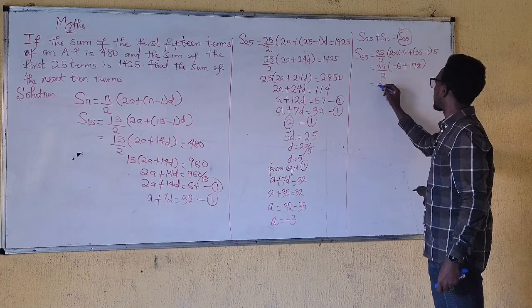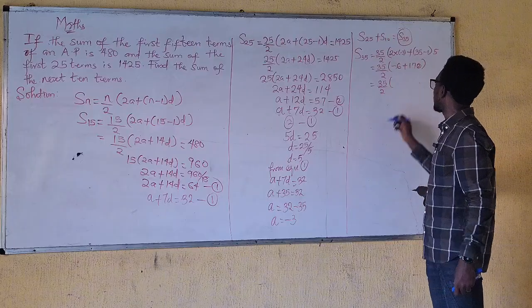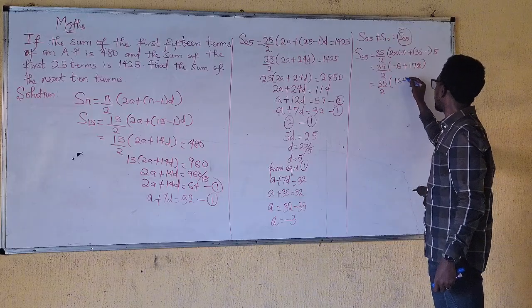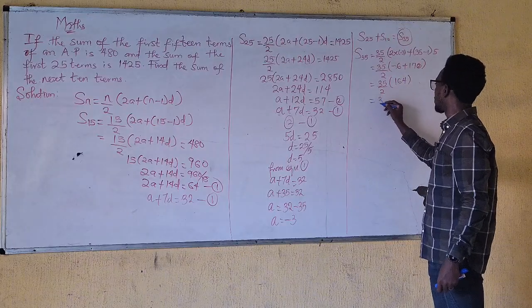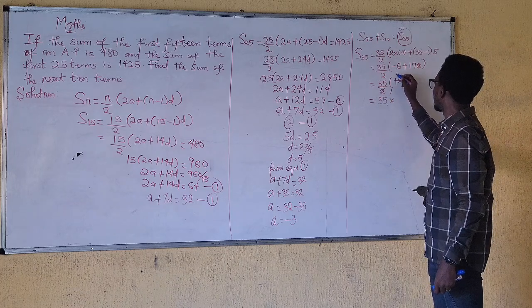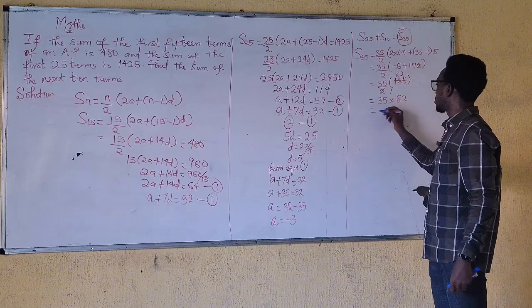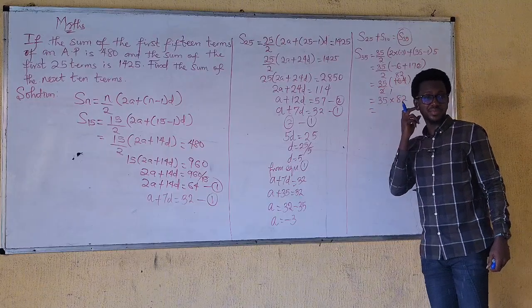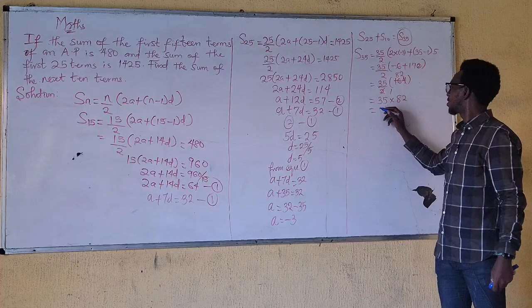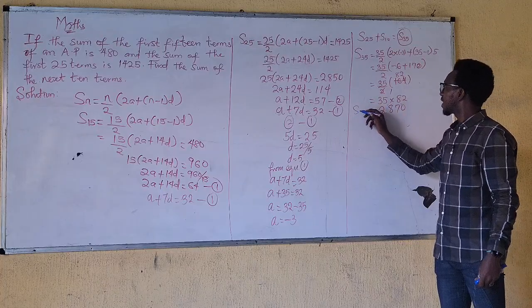So this is now 35 over 2, bracket minus 6 plus 170, which will give us 164. And that will give us 35 times, 2 here, 1 in 16, 8 in 4, 2. So that's 82. So what does this give us? 2,870.